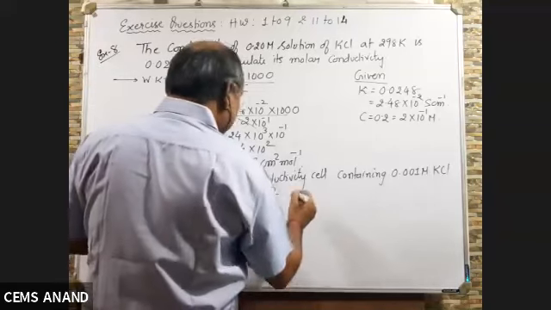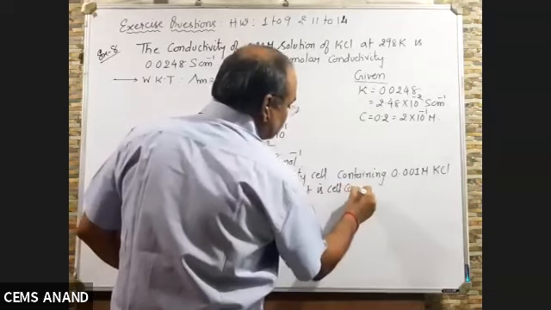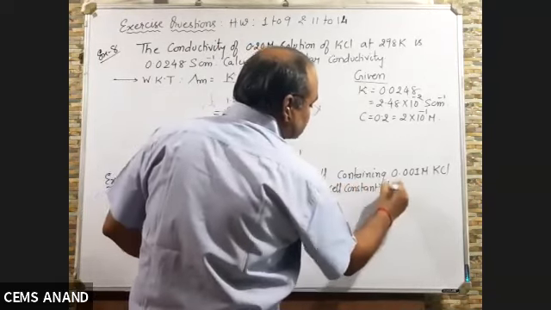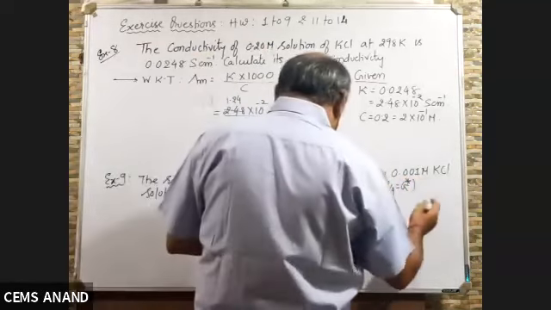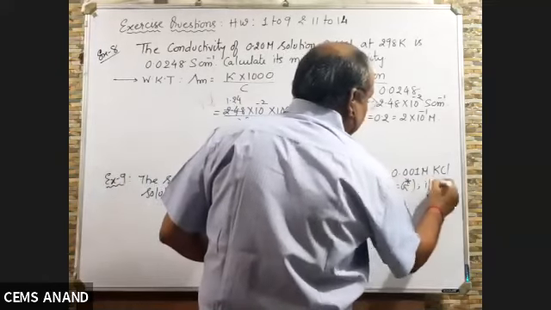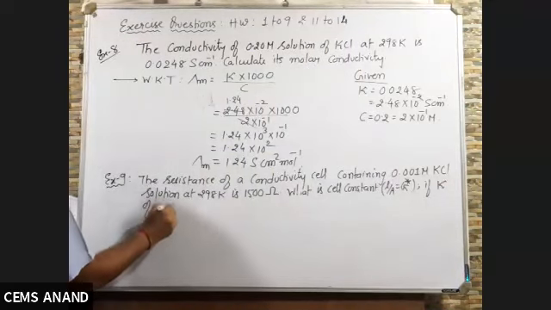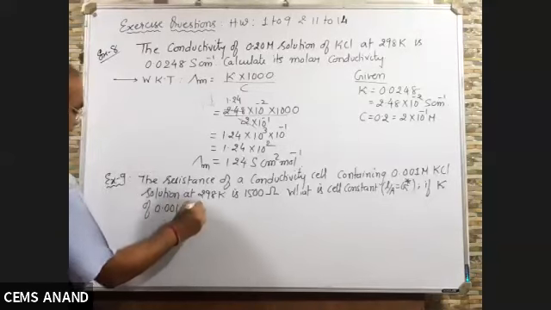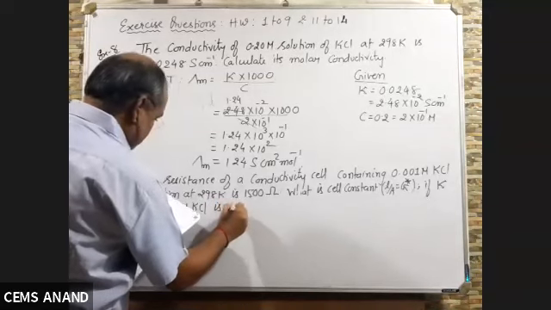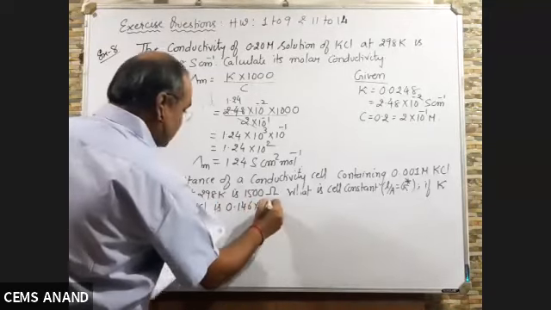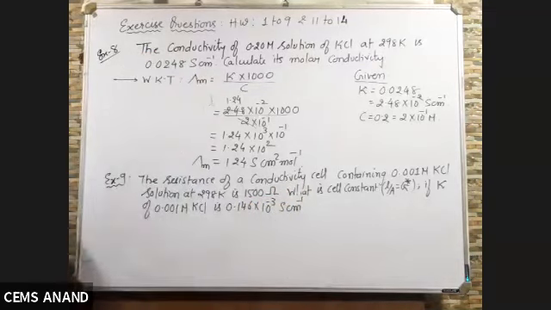What is the cell constant? You know cell constant is L by A or G asterisk. We have done it in the theory. If kappa, the conductivity of 0.001 molar KCl, is 0.146 into 10 raised to minus 3 Siemens per centimeter. This is given.